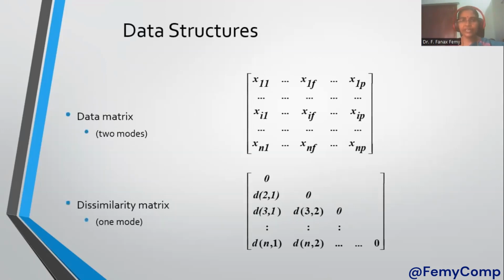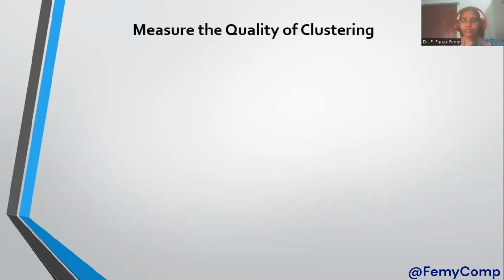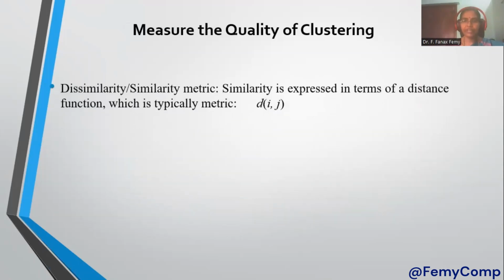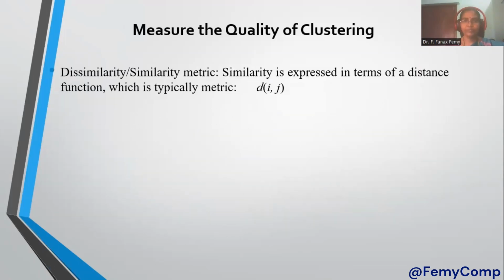There are two types of data structure in matrix format: the data matrix and the dissimilarity matrix. Because we know the objects may be similar or dissimilar. These are the two different matrices to find the distance between the objects within the cluster or different clusters. How can we find the distance between the objects?